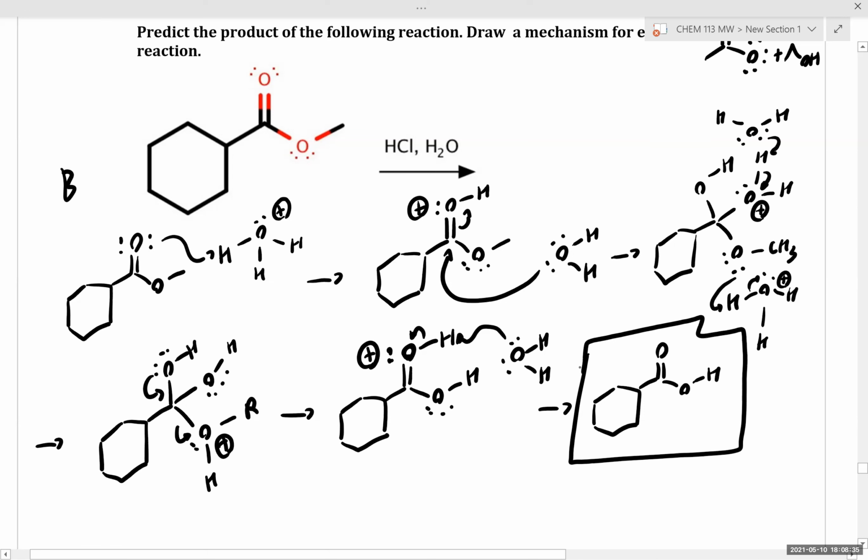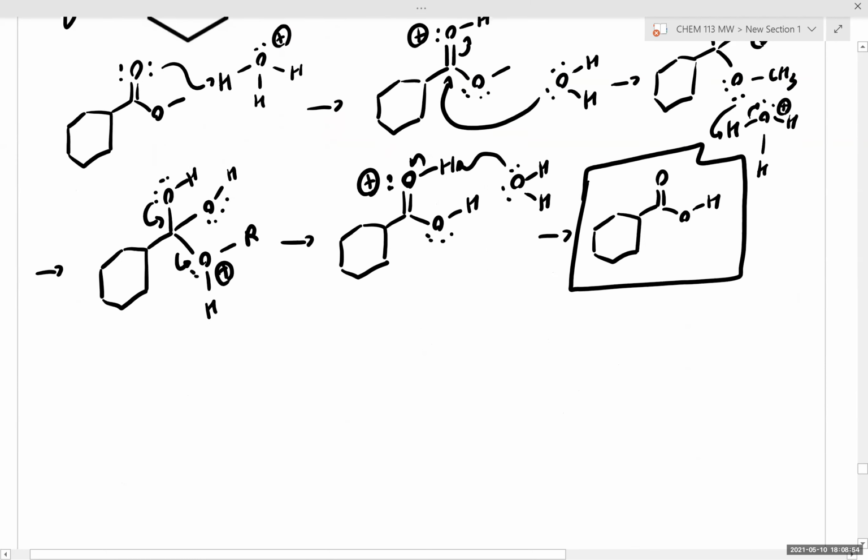Does this mechanism make sense to everyone? Any questions for this reaction? If we don't have any other questions, let's keep going then.